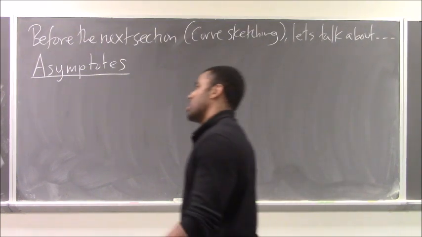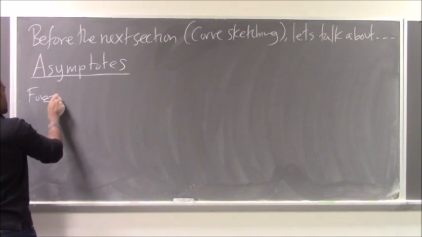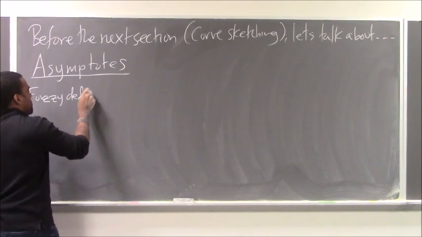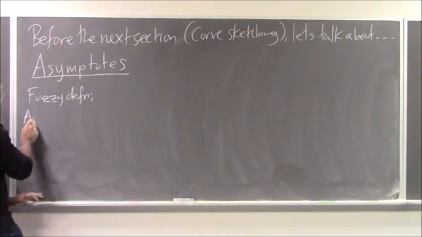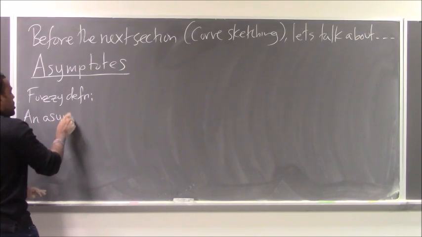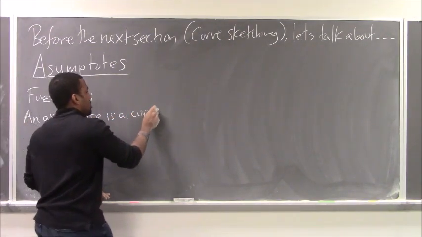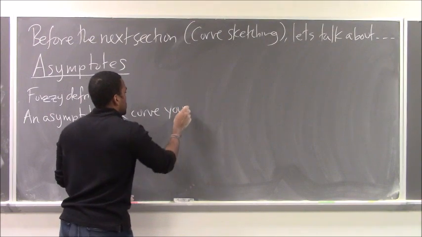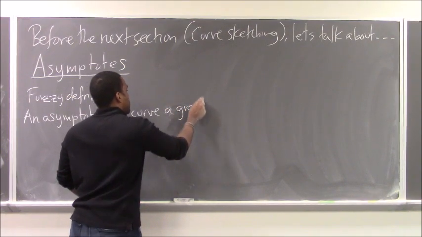Asymptotes. So, fuzzy definition here. You have the graph of some function.